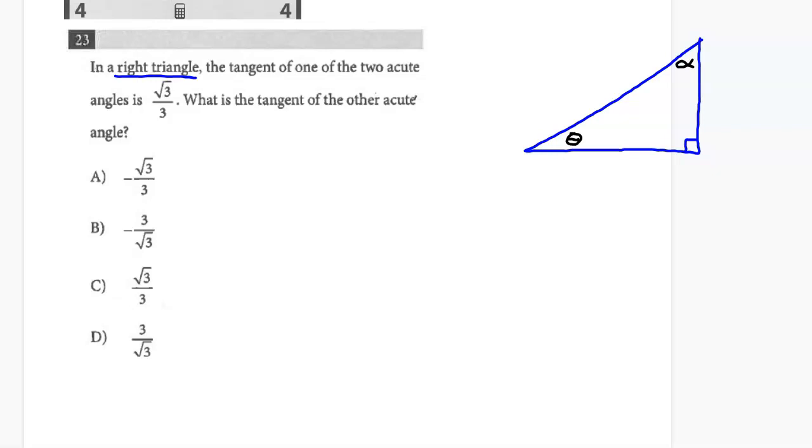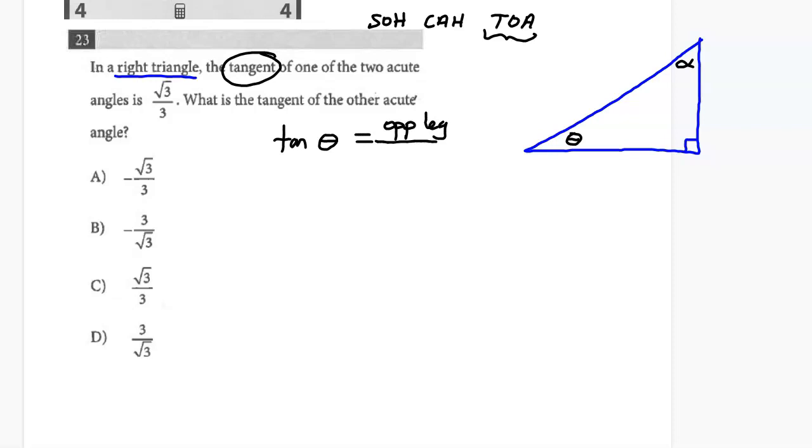But tangent, so there's something called SOHCAHTOA, and if you go back and watch one of my content videos, I can explain this a little bit deeper. TOA represents tangent. This is the mnemonic device to remember what tangent is. The tangent of some angle, let's say theta, is the opposite leg over the adjacent leg. That's where the T, the O, and the A come from for TOA.